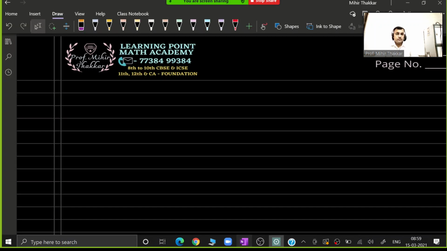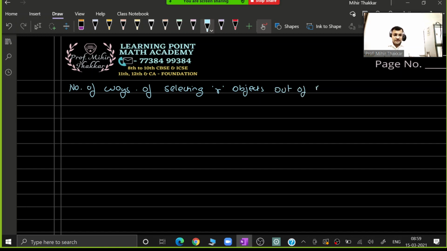In case you remember from your combination chapter, it says that the number of ways of selecting R objects out of n is equal to nCr.